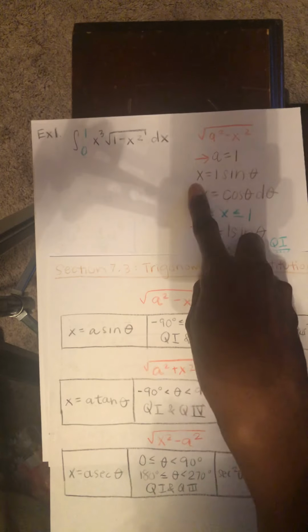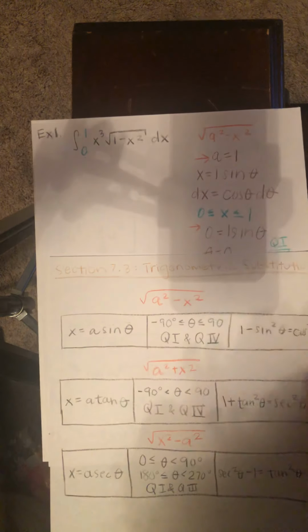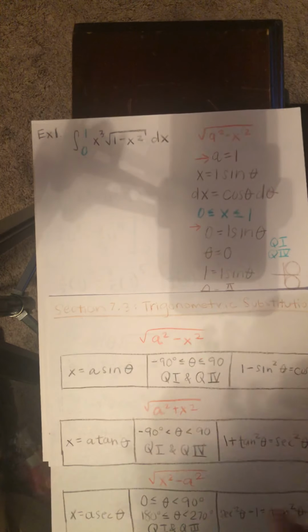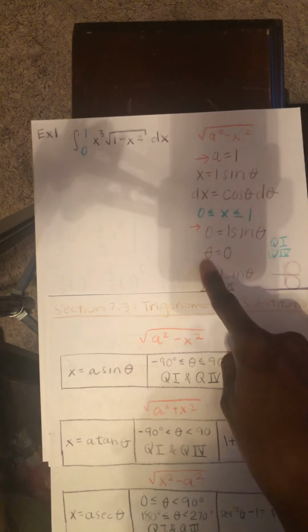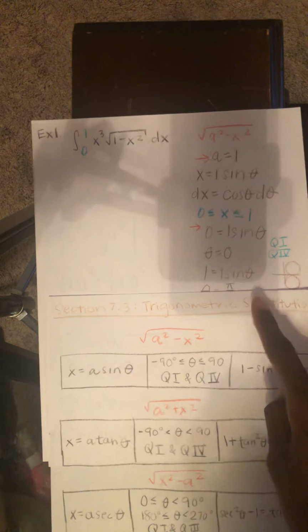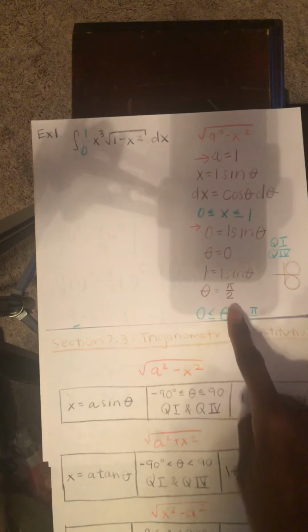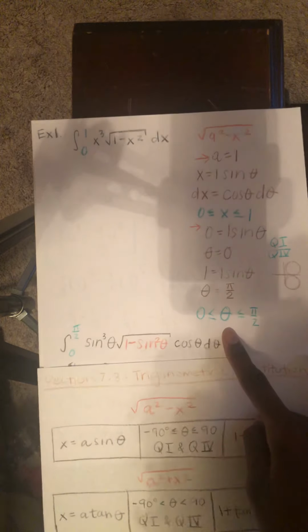So we need to take this equation right here that incorporates x and theta and plug in our values. So we plug in 0 for the first one, and we get theta is 0, and we plug in 1 for the second one, and we get theta is pi over 2. So now our new interval is from 0 to pi over 2. Okay, so instead of 0 to 1, we have 0 to pi over 2.